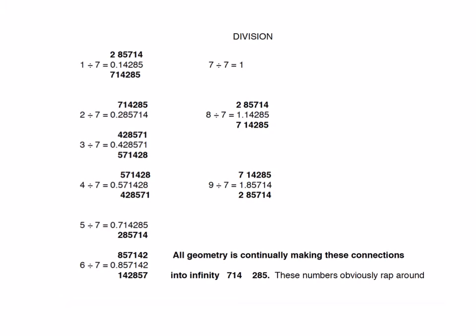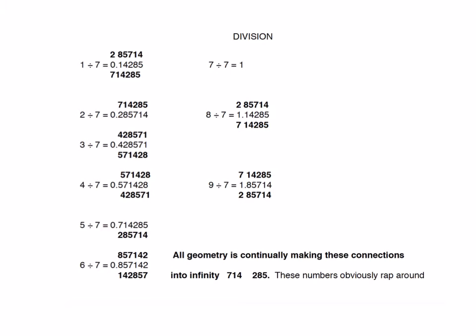Whereas every single table in here, every single number in the 7 table, has in it those numbers which wrap around. 428571 is the 3 divided by 7. Now, 285714, it wraps around to 4.